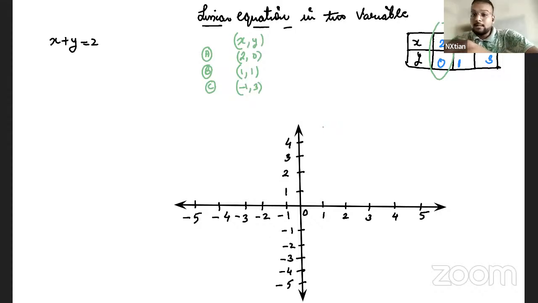Okay. Is this graph correct? I'm asking this question. Is this graph correct? Or am I missing something? Tell me.